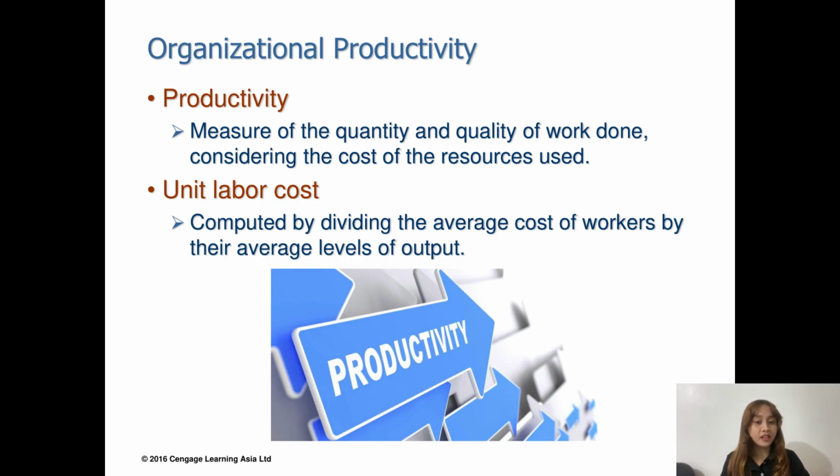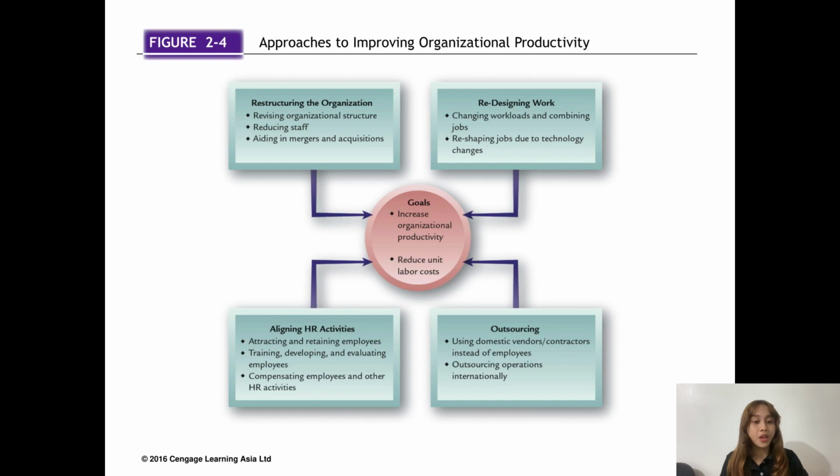So to achieve that productivity, here are the approaches to improving organizational productivity. The first approach is restructuring the organization, which includes revising organizational structure, reducing staff, and aiding in mergers and acquisitions.